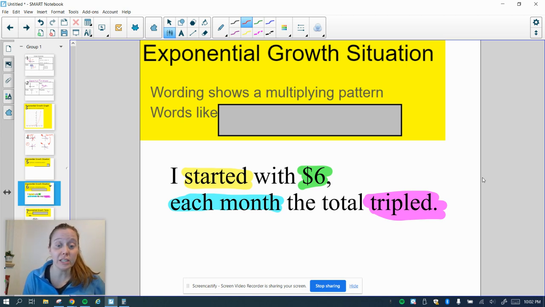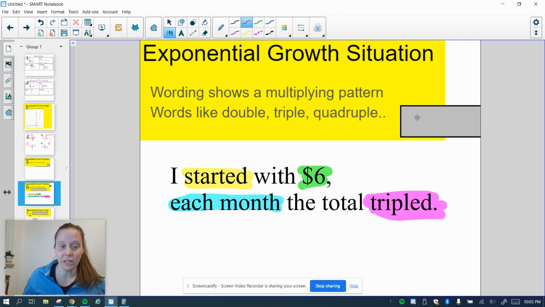Is it started, 6, each month, or tripled? Words like double, triple, quadruple, quintuple, multiplied by 7, multiplied by 0.1962. Eventually, we'll talk about multiplying by percentages, but the word triple is what's telling us that this is an exponential growth situation.